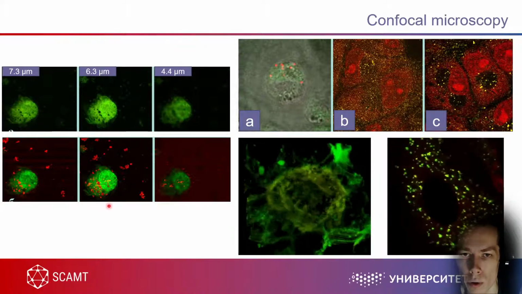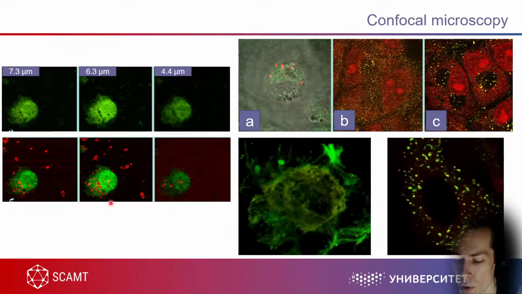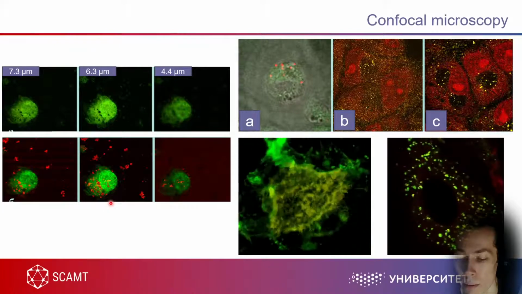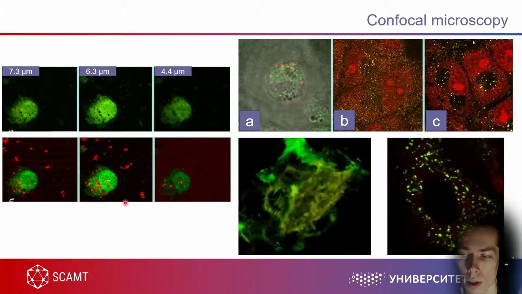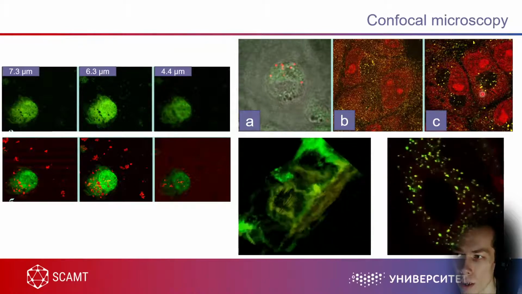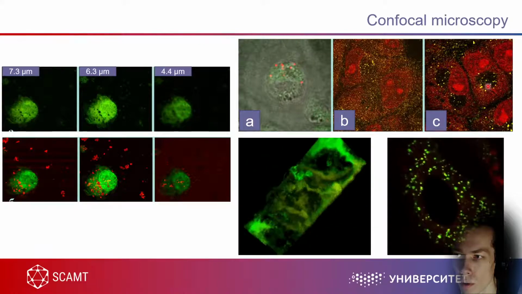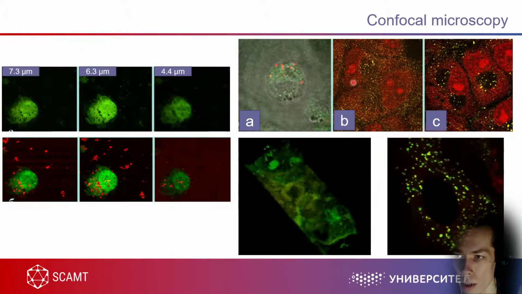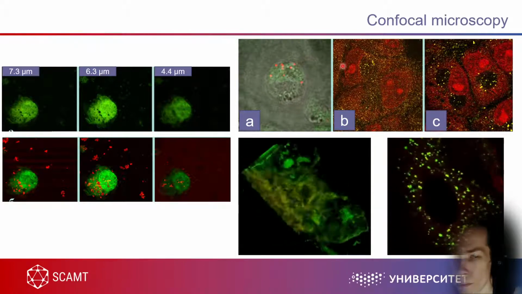So confocal microscopy is the main instrument for you to understand if something is inside the cell or outside the cell, so for co-localization. And there's just some middle section of nanoparticles. For example, this is a cell, it's a very big vacuole, and in this vacuole you can see some gold nanoparticles. So maybe not a vacuole, maybe some big endosome.